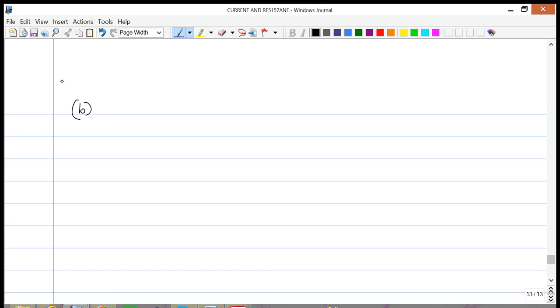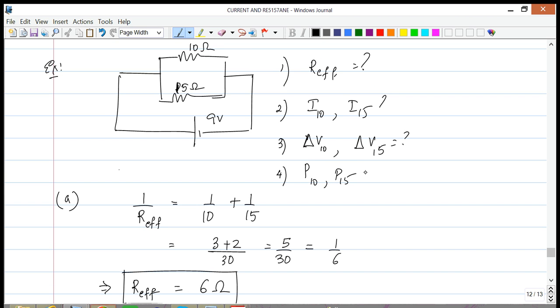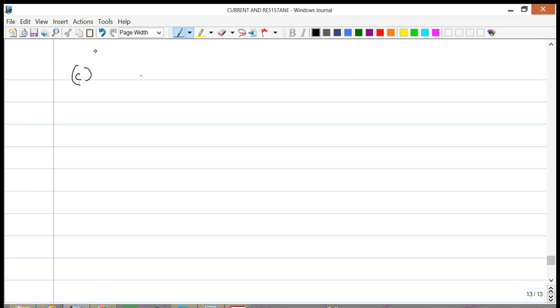Parts B and C. I'm going to actually do part C first because it's the easier question to answer, because we know that every resistor connected in parallel gets the same voltage. In this case, clearly the 10 and the 15 are directly connected to the 9 volts. So I know delta V10 is equal to delta V15, which is equal to 9 volts.